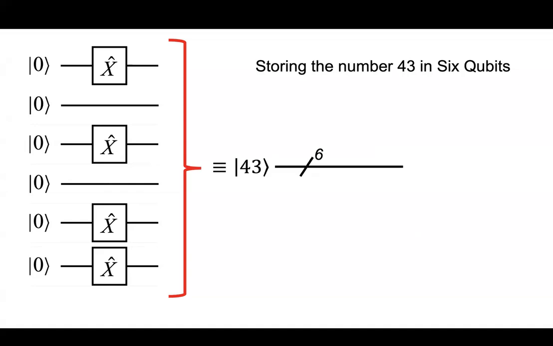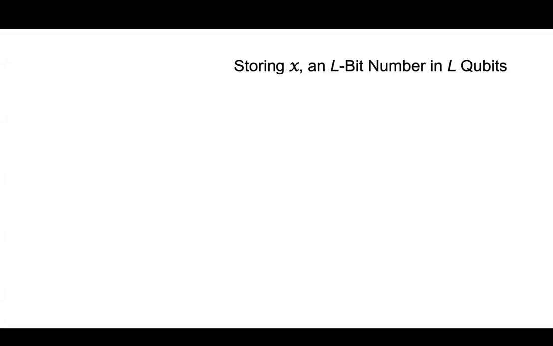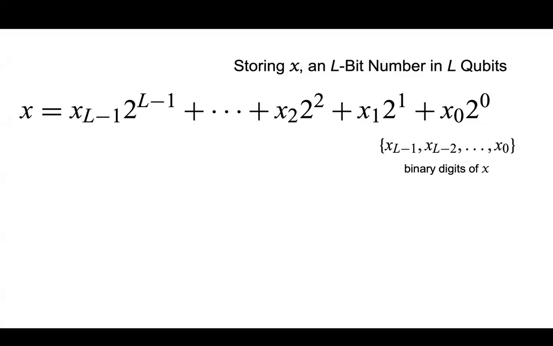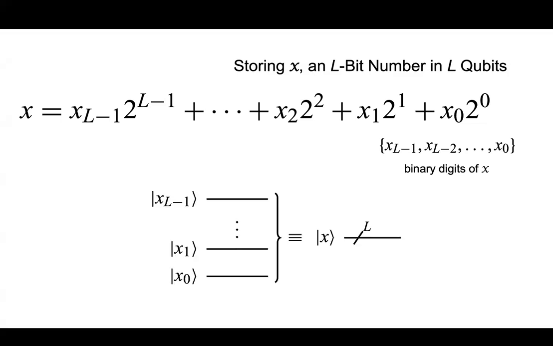For 6 qubits, it might not seem necessary to represent this qubit bundle compactly, but it can be a mess if we're dealing with, say, 100 qubits. So generally speaking, if we have an L-bit number x with this binary representation where the coefficients are the binary digits, this is how the bundle of L qubits can be represented compactly.